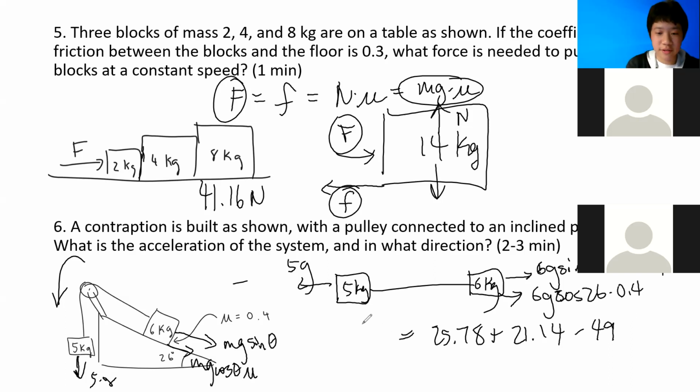So this is the net force. Okay. So if we add these together, 25.78 plus 21.14 minus 49, negative 2.08.